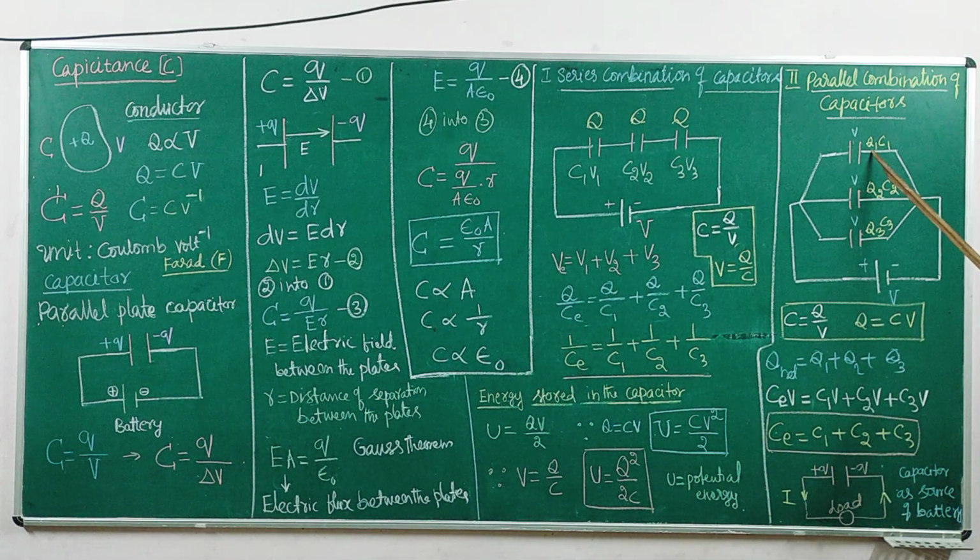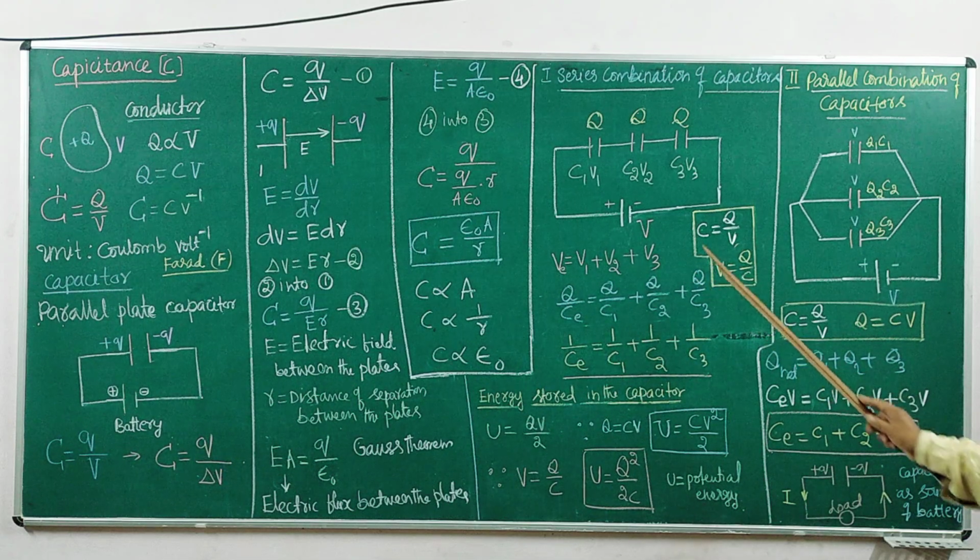But here the charge is a different amount on each. The total charge is the sum of all, net charge Q1 plus Q2 plus Q3. That is the summation we can apply.